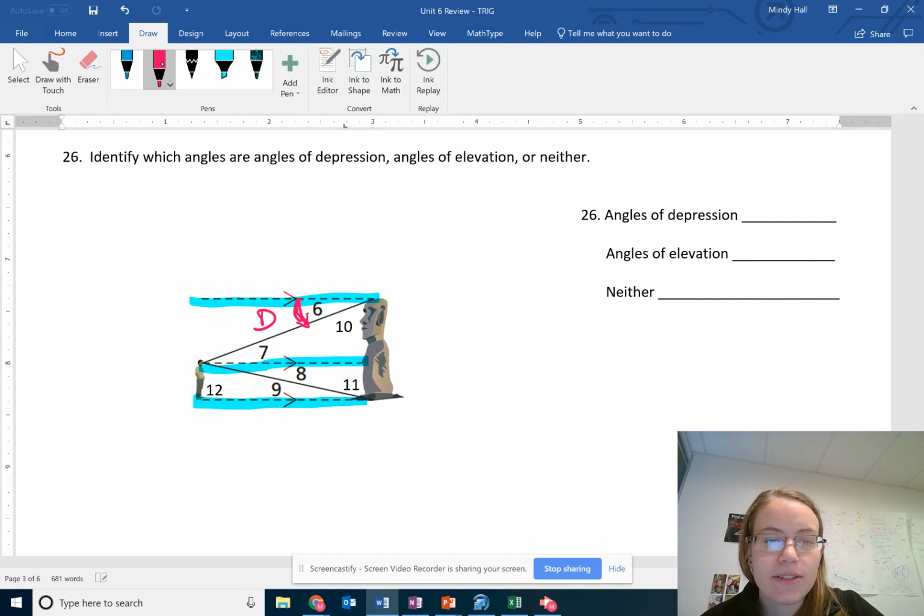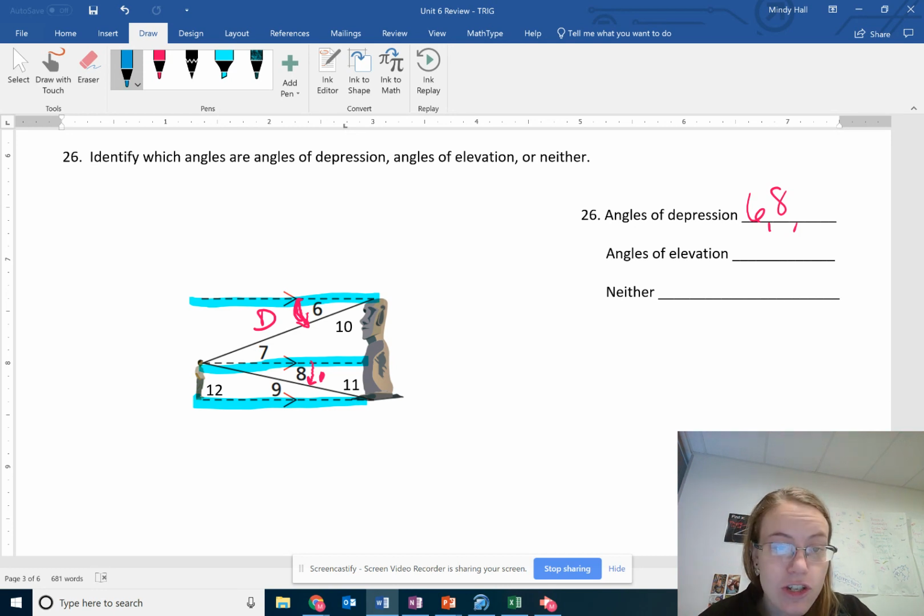So going down is angle 6. Then you also have angle 8 is an angle of depression. So we have 6, 8. And then looking at 10, 11, and 12, those don't have any horizontal lines to base an angle of depression off of, so we're done there.